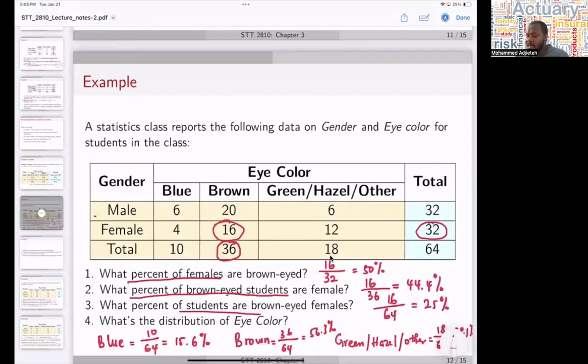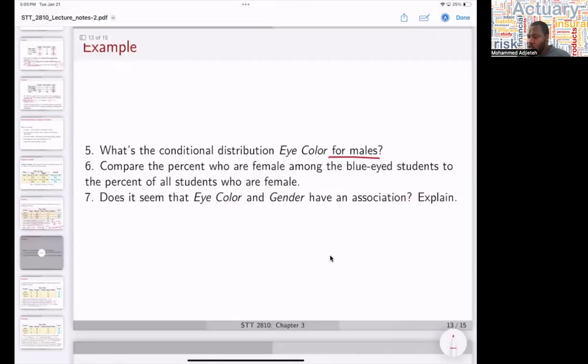So you see we are looking at this side. The conditional distribution of eye color for males. We are looking at this side. And so how many males do we have? We have 32 males.